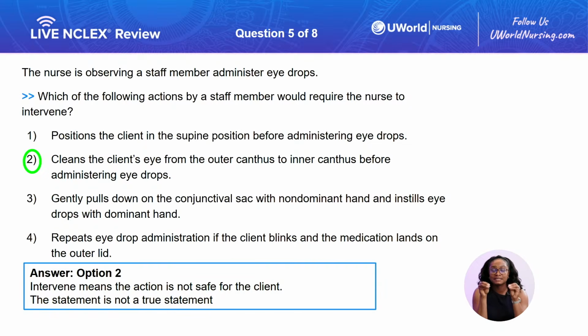If the client blinks, that means they're actually not getting it instilled onto their eyeball. So you need to put it on the outer lid or make sure it actually touches their eyeball. Not the tip of the eye drop container, but the actual liquid or solution, have that touch their eyeball, not if they blink. But you guys got it unanimously, option number 2.